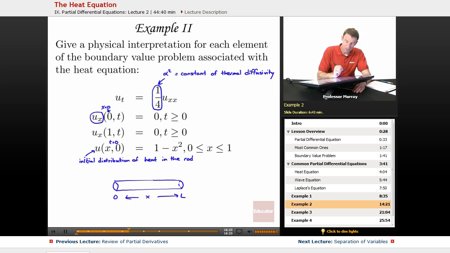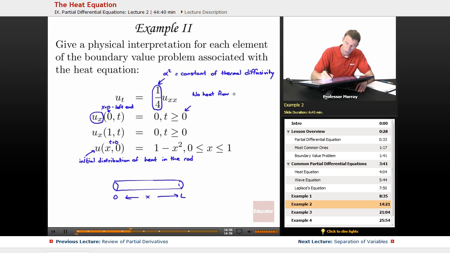So we're looking at the left end of the rod, and if u sub x is equal to 0, that means the rate of change in the x direction is 0, which means there's no change in the x direction. So this is telling us that there is no heat flow, and this is at the left end of the rod, because x is equal to 0.